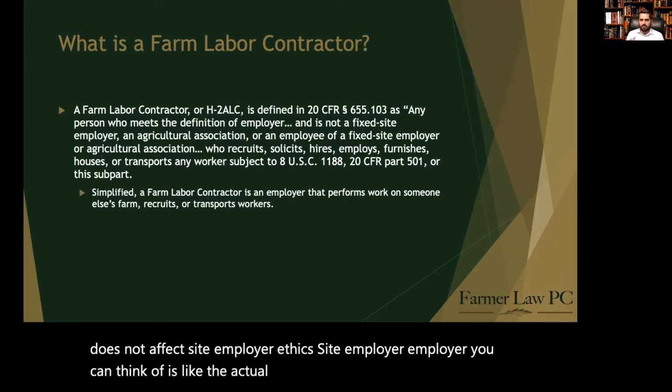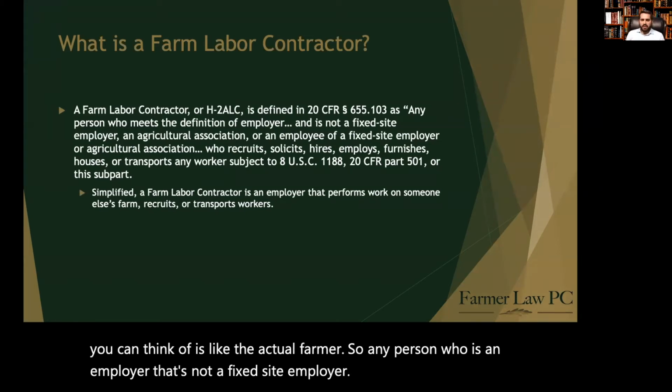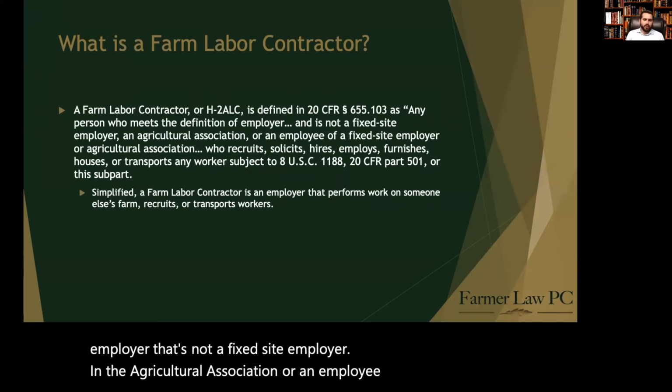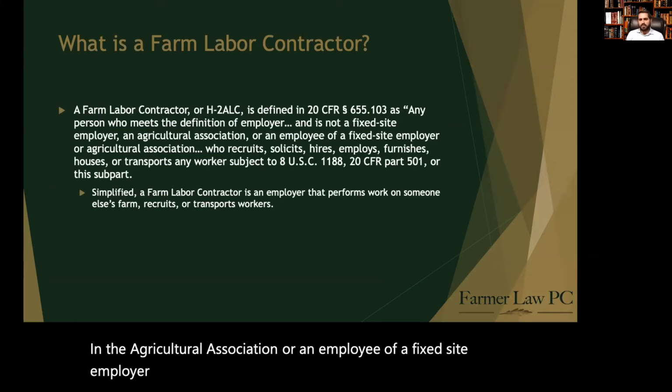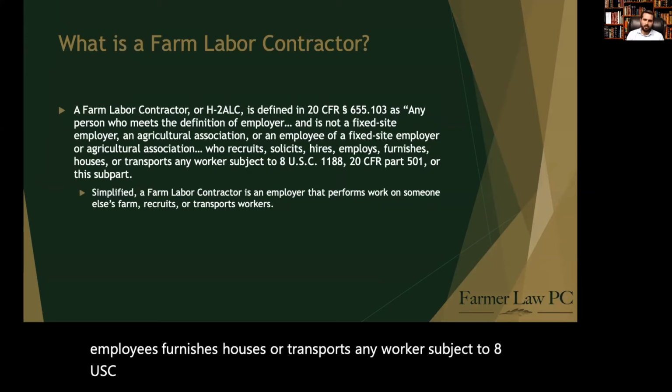So any person who's an employer that's not a fixed site employer, an agricultural association, or an employee of a fixed site employer or agricultural association, who recruits, solicits, hires, employs, furnishes, houses, or transports any worker subject to 8 U.S.C. 1188, 20 CFR Part 501, or the subpart, which is 20 CFR 655.